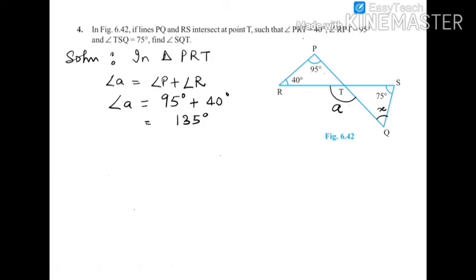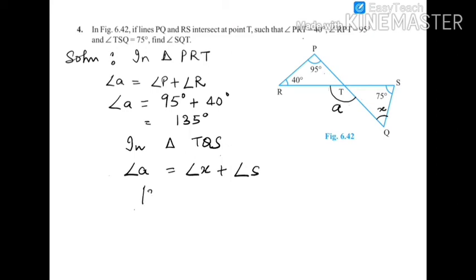Now look at the other triangle. Angle A is an exterior angle of this triangle SQT. So we can write in triangle TQS, angle A is equal to angle x plus angle S. Now we can substitute the values that we have.